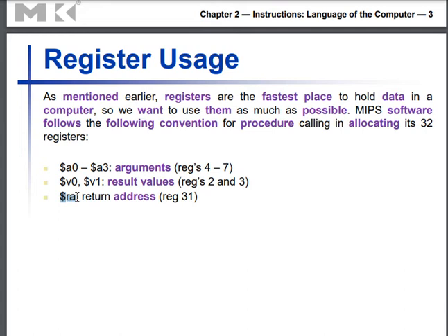After finishing the procedure, the control has to be transferred back to the calling segment. So where to return? That address is going to be in this register. This will be automatically saved when you call the procedure using jump and link.